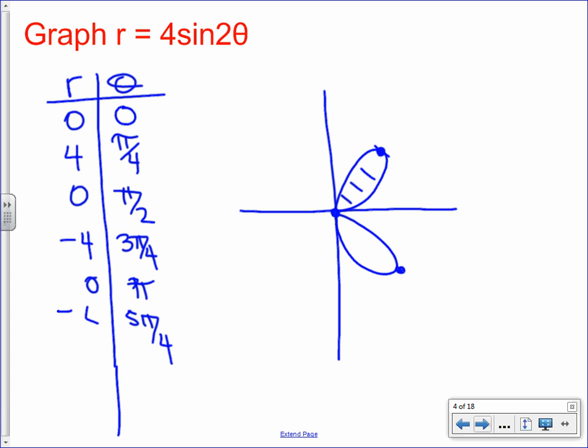It's negative in the third quadrant. 5 pi over 4 is over here, and if we went negative, we'd be back there. We're still in part 2.